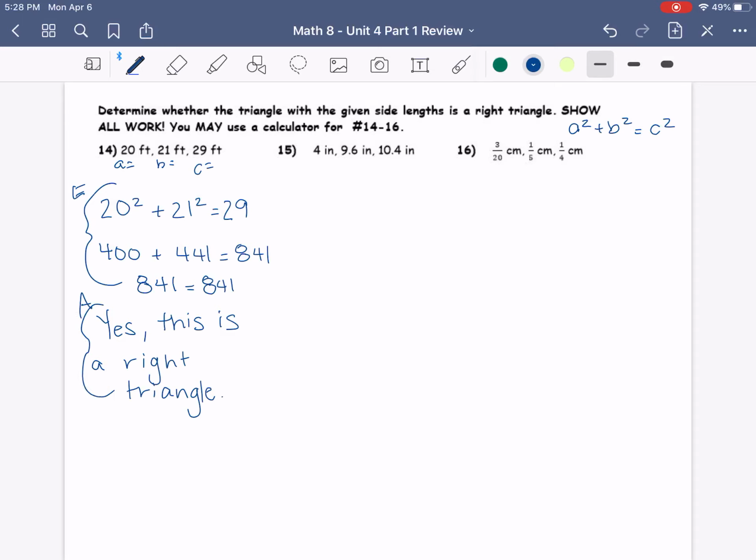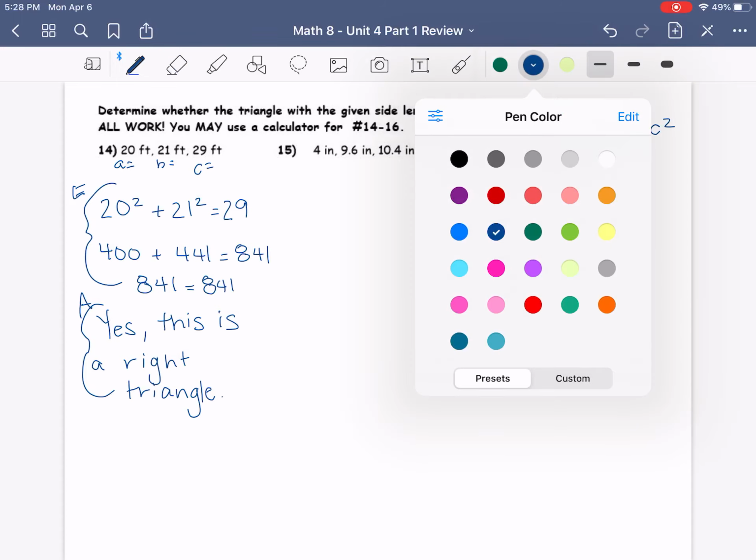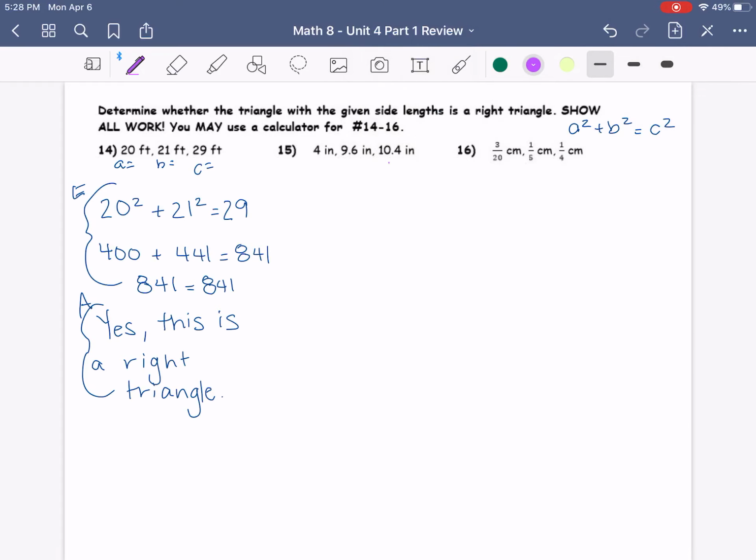Okay. All right, on number 15, the biggest number is the 10.4, so that's my C value. It doesn't matter what my A and my B values are. I'm just changing colors just because I feel like it. So here's my C value. So I can do this is A, this is B. You can use your calculator.